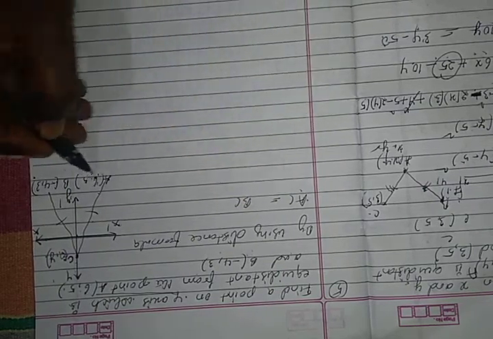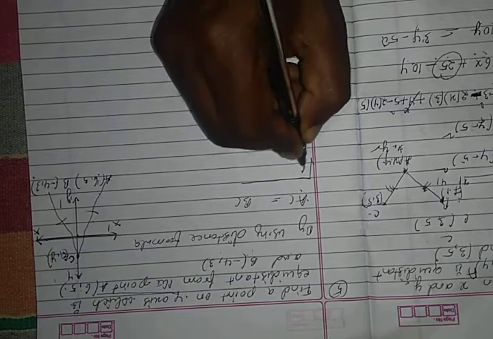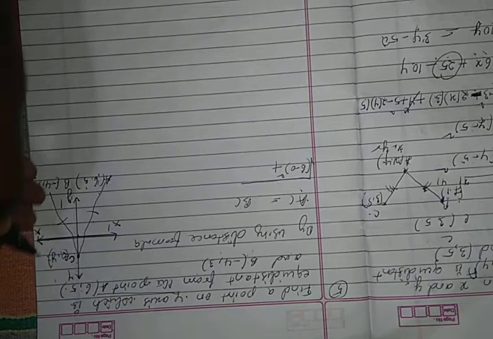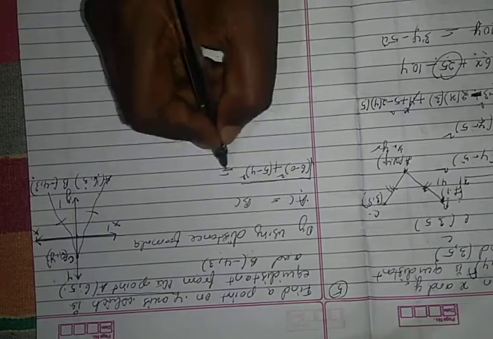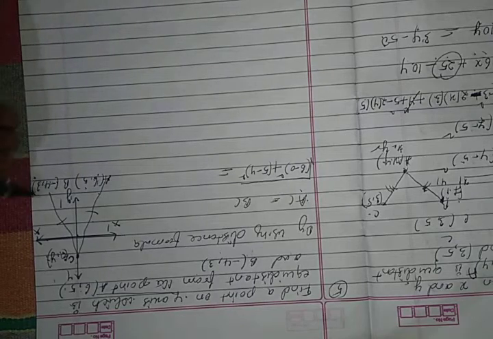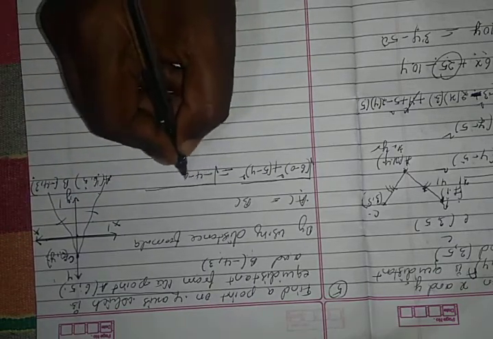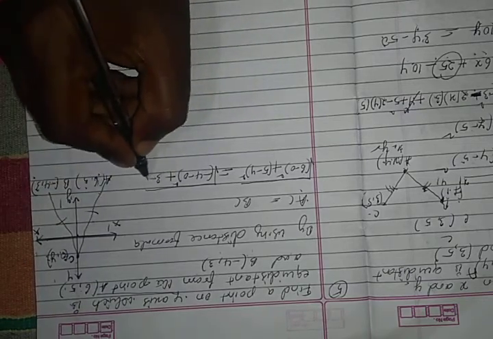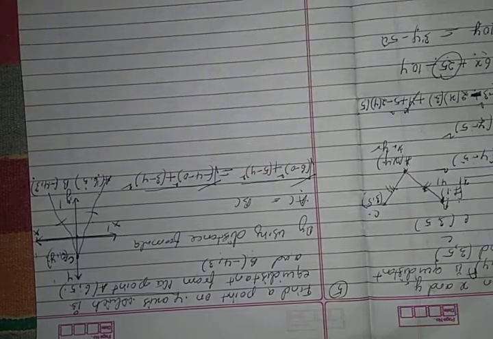So AC is the square root of 6 minus 0 whole square plus 5 minus y whole square, and it is equal to BC, the square root of minus 4 minus 0 whole square plus 3 minus y whole square. The square root and square root get cancelled.